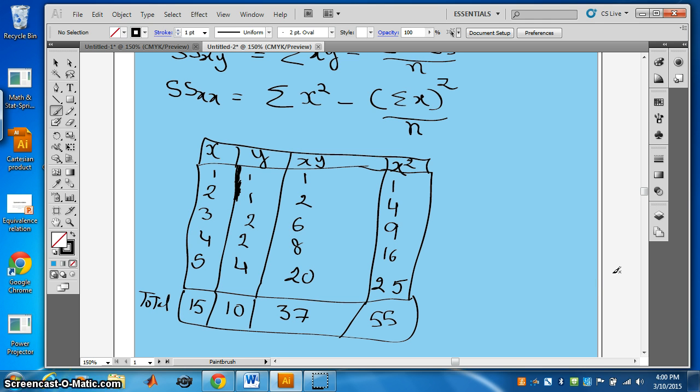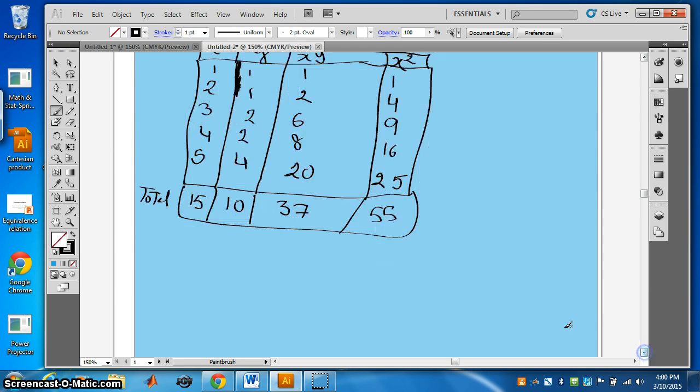Now we have these values. We need to know what SSX, the sum of squares of x, is. SSX is equal to sigma x square, which is 55, minus sigma x, 15, square divided by n. N means how many terms: 1, 2, 3, 4, 5. So n is 5.